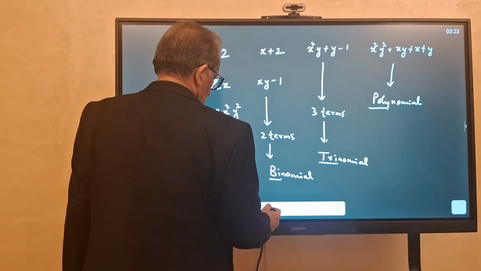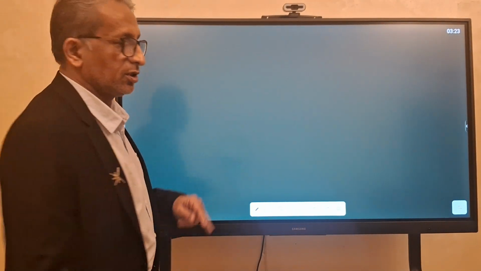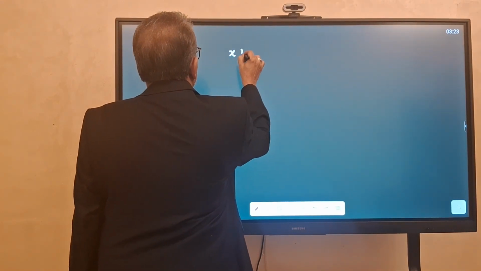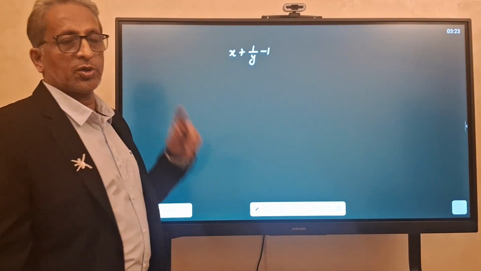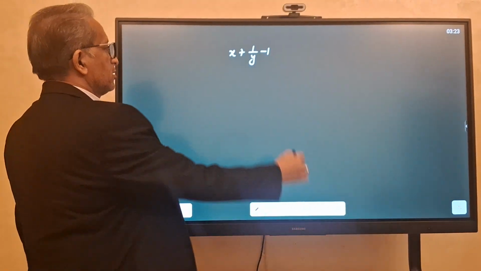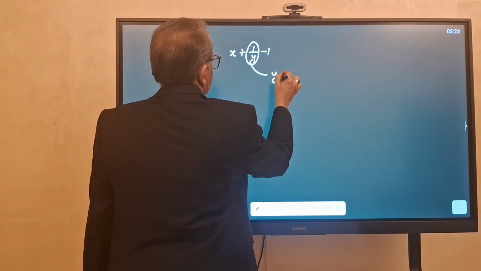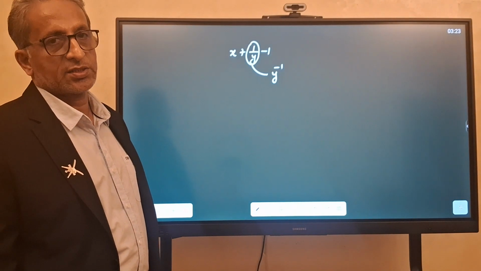Next, let me give you examples which are not polynomials. x plus 1 by y minus 1. It is not a polynomial because the second term I can write with a power. What is the power of y? Minus 1.